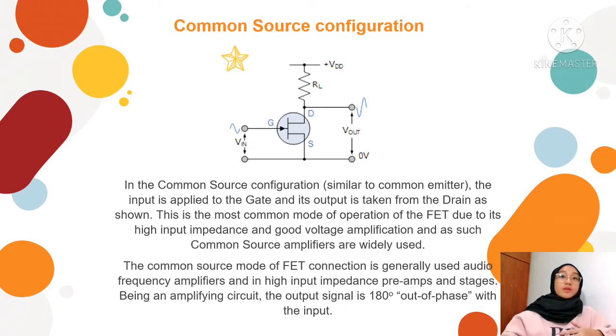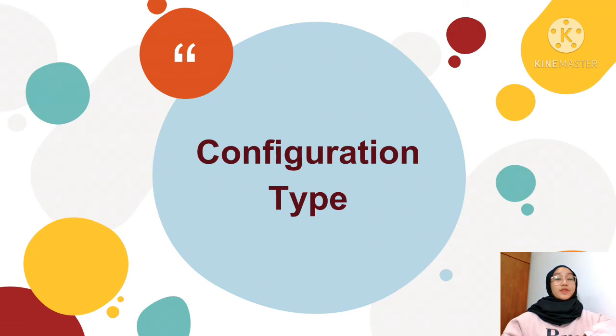The common source mode of FET connection is generally used in audio frequency amplifiers and in high input impedance preamps and stages. Being an amplifying circuit, the output signal is 180 degrees out of phase with the input. So let's move to the next configuration type of JFET.